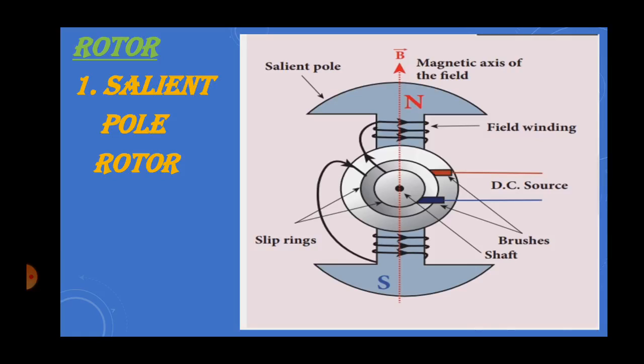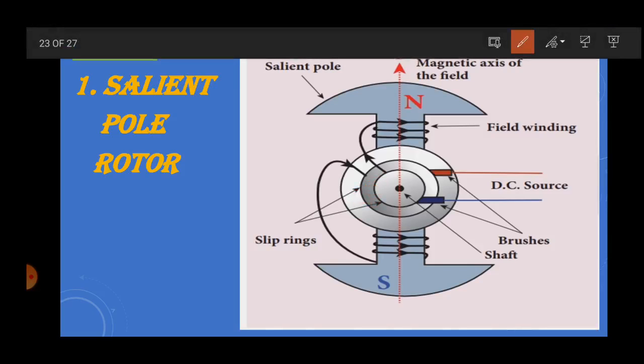The rotor has an axis, rotating with a constant speed. To this axis there are two slip rings. This is a slip ring, S1. We can take S1 and S2.